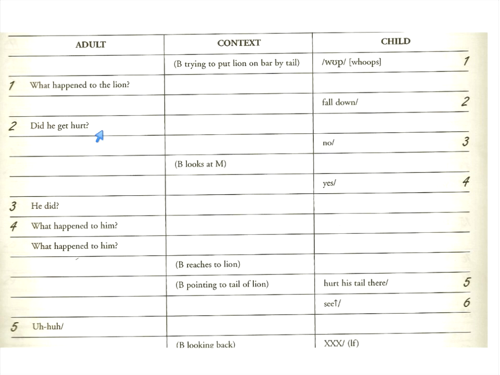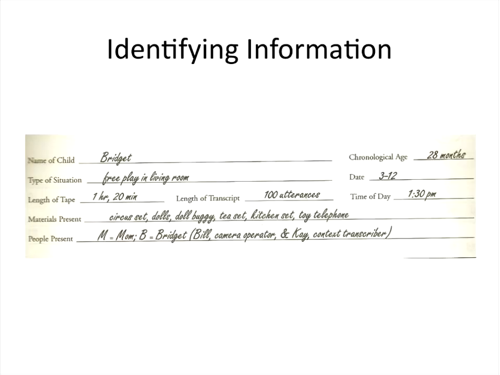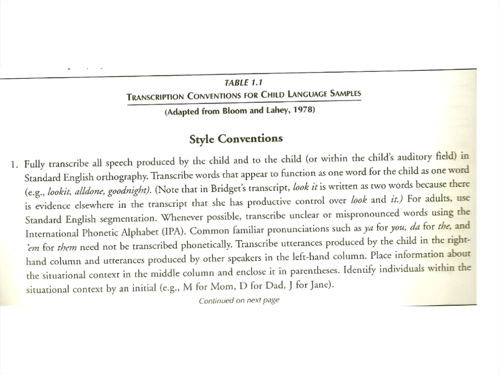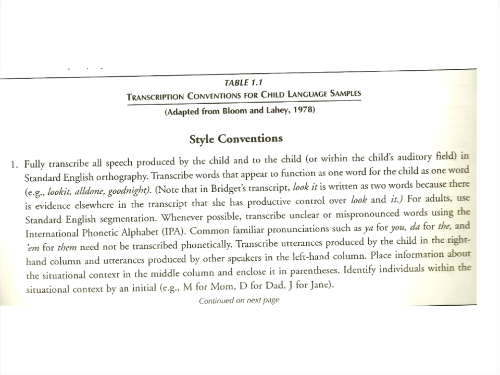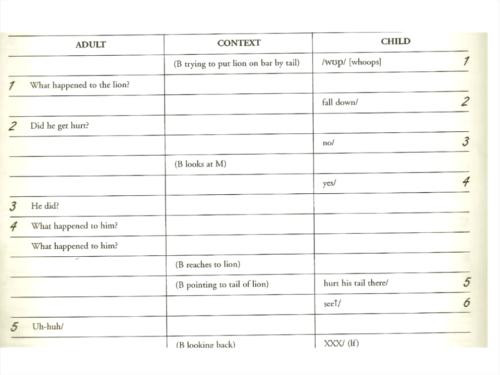So, did he get hurt? is the adult trying to keep the conversation going, and the child responds no. Now let's go back. How old is this child? We're talking a very young child, only 2 years and 4 months. I think this is the same child. Let me see if it says a B. Yes, B for Bridget.